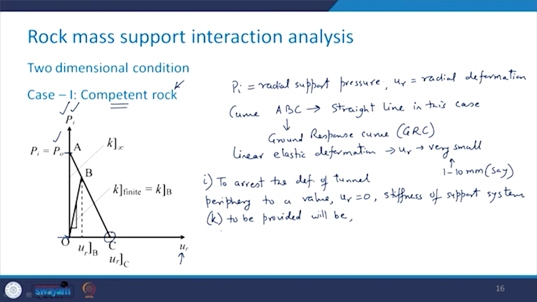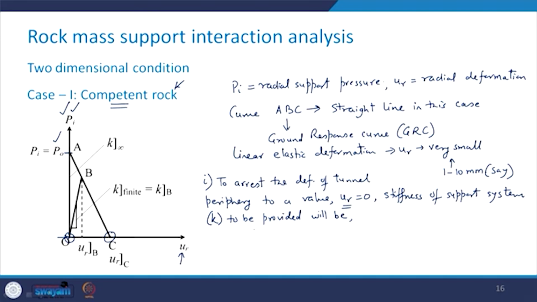See, if I have to arrest this complete radial deformation, ur has to be equal to 0 here. So, the stiffness is going to be the pressure which is required to cause the unit deformation. So, that is Pi upon ur.